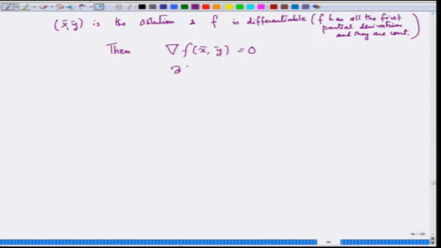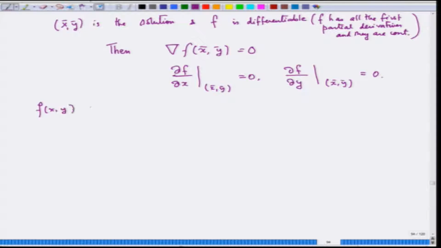That is, you should have del f del x computed at x bar y bar give you 0, and del f del y at x bar y bar must give you 0.